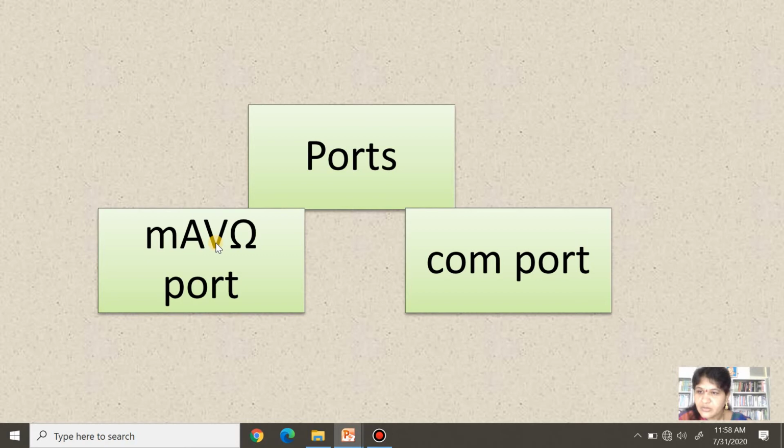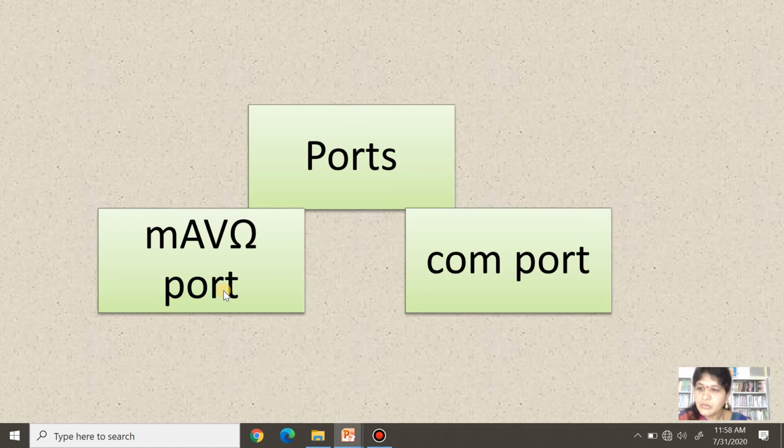Voltage is measured in volts and resistance in ohms. In this multimeter we have two probes. One is the red probe and the second is the black probe.